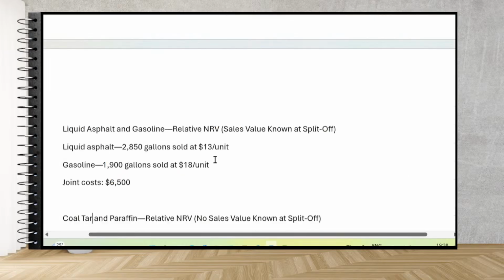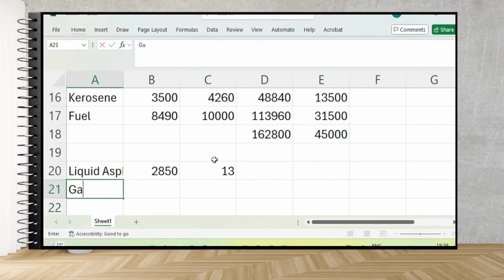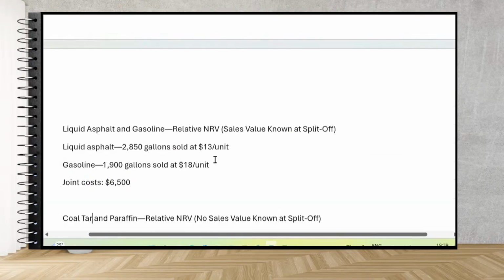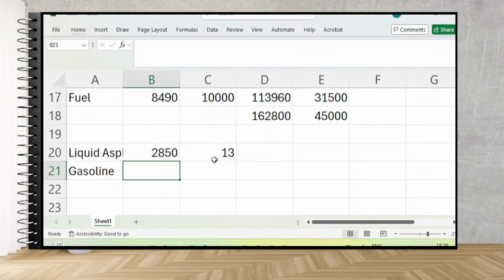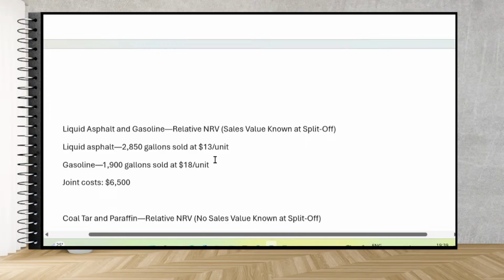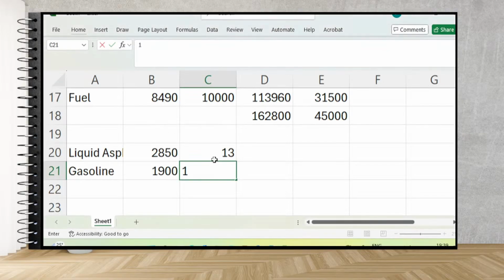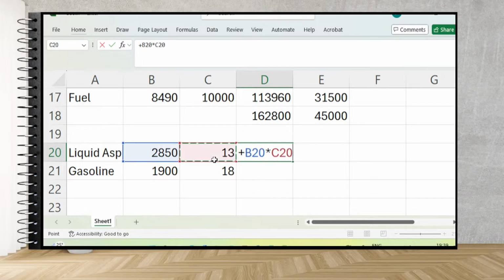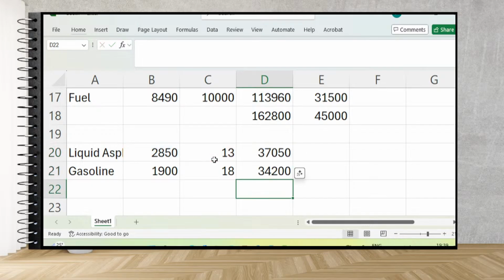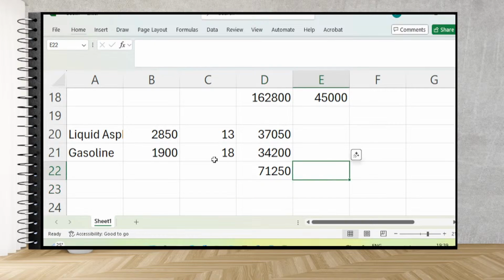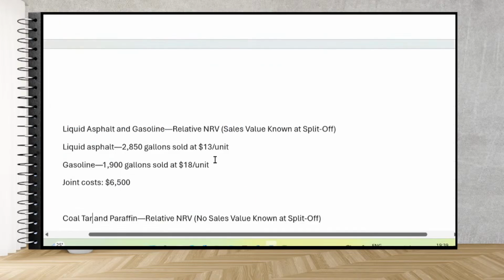And then the second one is gasoline. Quantity 1,900 and the price is 18. So quantity multiplied by price. So total 71,250, and what is my joint cost? 6,500.